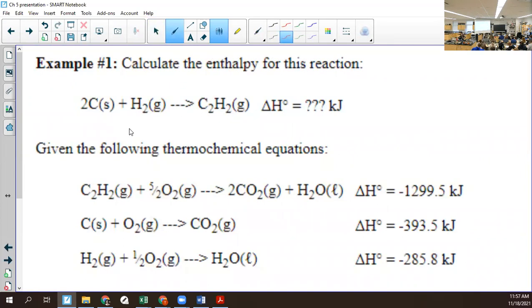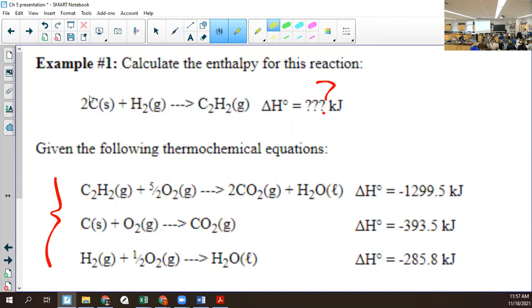All right, looking here as a review. In Hess's law, we are trying to find the enthalpy of, well, I'm going to call it the overall reaction or the wanted reaction, whatever you want to call it. And we're given the enthalpy of 3 reactions that when combined the correct way can give you the overall enthalpy. Ready?